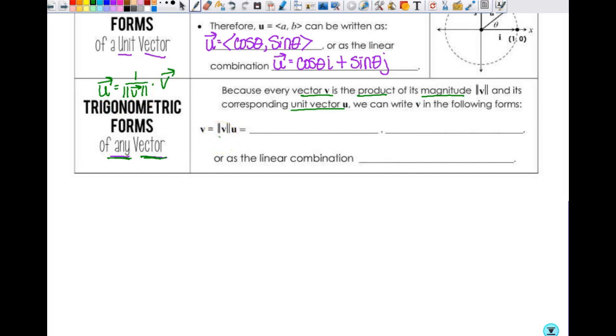So since that is true, and we're talking trig stuff here, then the magnitude of v times that unit vector, cosine theta, sine theta, because that magnitude is like the length of the radius, right? Then we can distribute that in, and we get the magnitude of v times cosine theta, magnitude of v times sine theta.